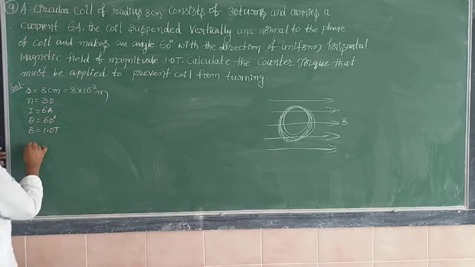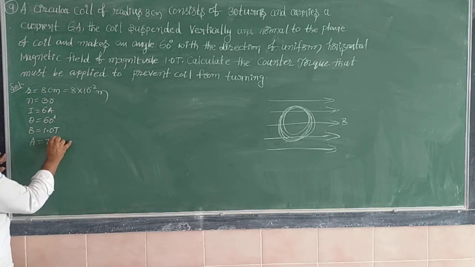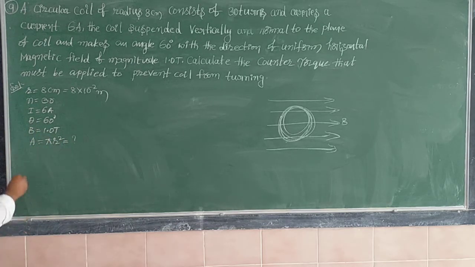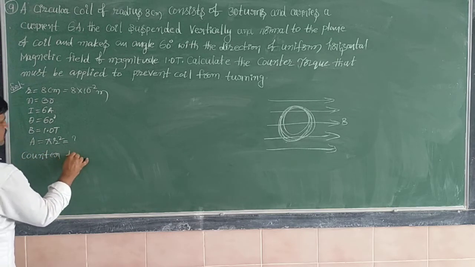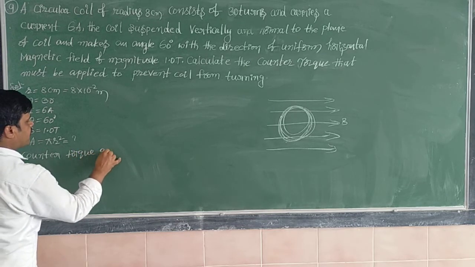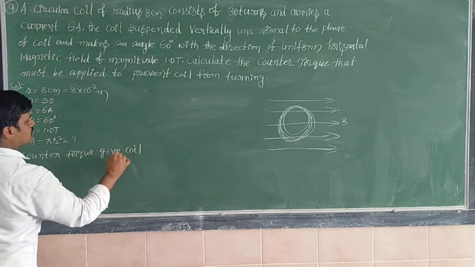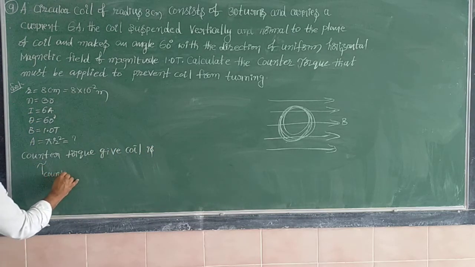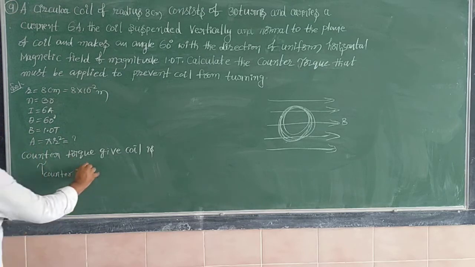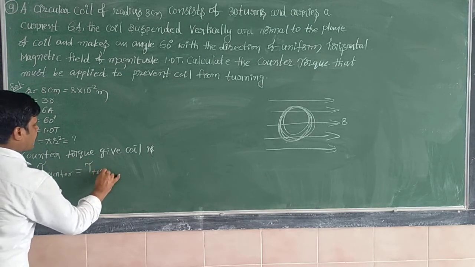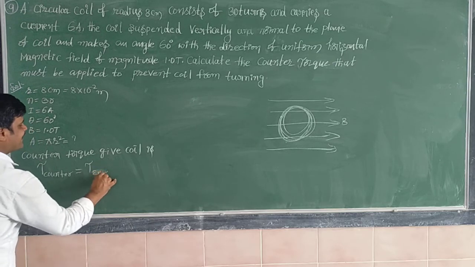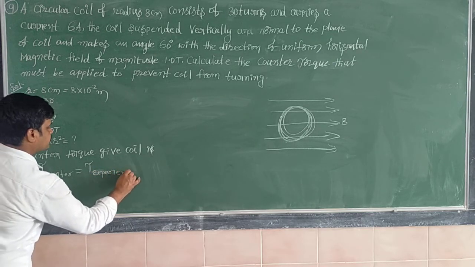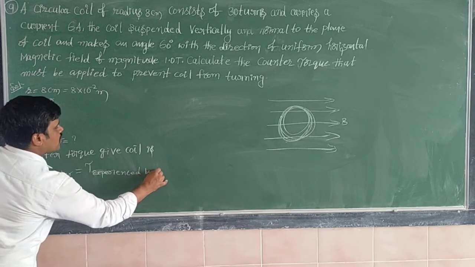So here the area of the coil A equal to pi r square we can take. Right? Area also we can take here. Now afterwards, the counter torque given to the coil is equivalent to the torque experienced by the coil.